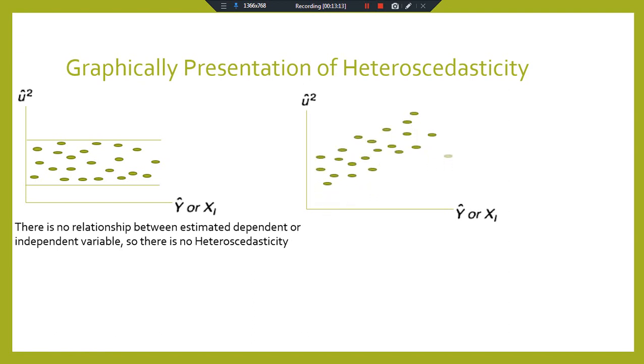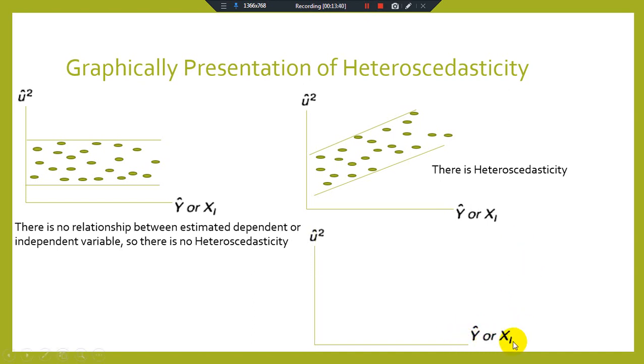And if this type of graph can be constructed, then we can say that heteroscedasticity exists in our data. So we cannot apply OLS or simple regression if this type of relation exists between these two.